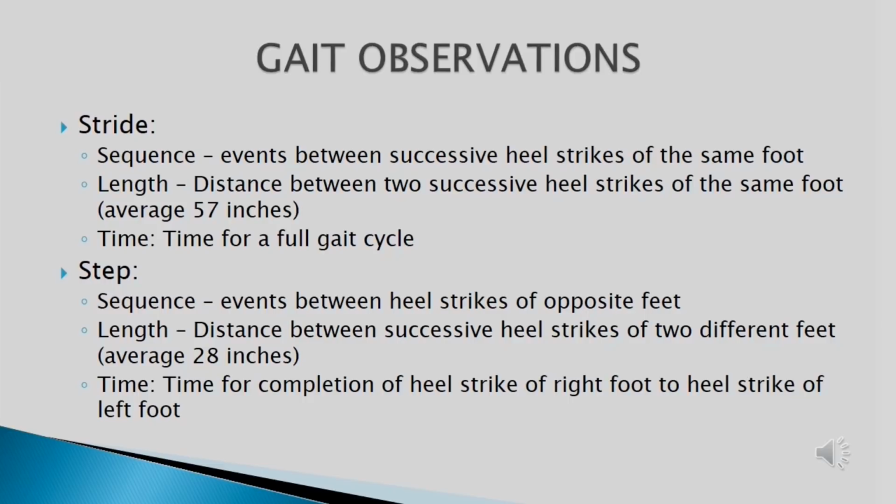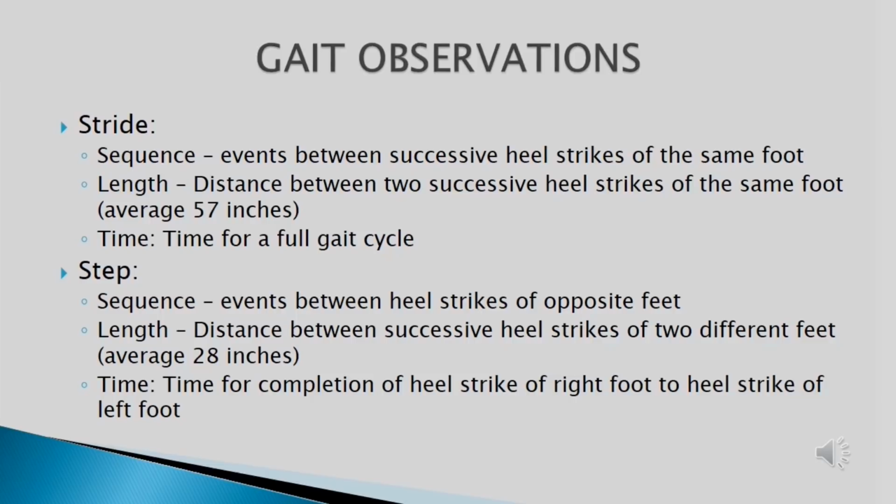We can look at the length of the stride. The length of the stride is the distance between two successive heel strikes of the same foot. Again, talking about the right foot, this would average about 57 inches. And of course, the stride comparing the right lower extremity and the stride comparing the left lower extremity should both have roughly the same length.